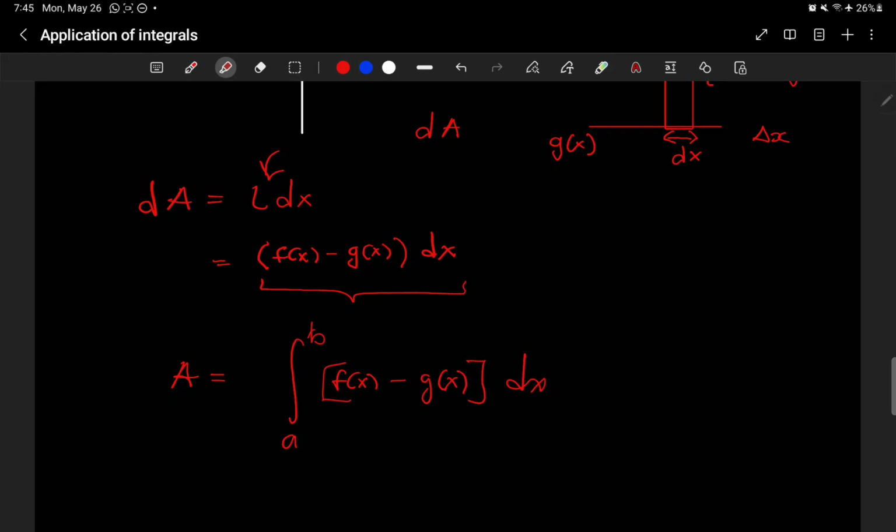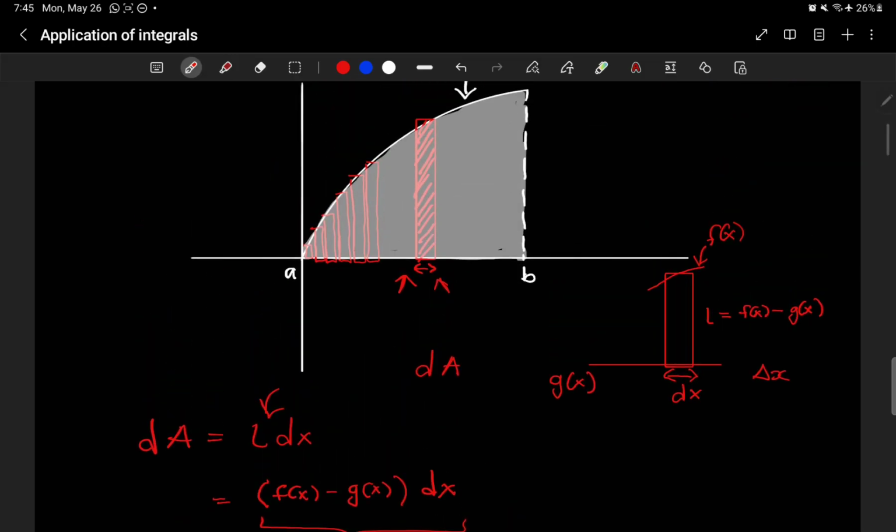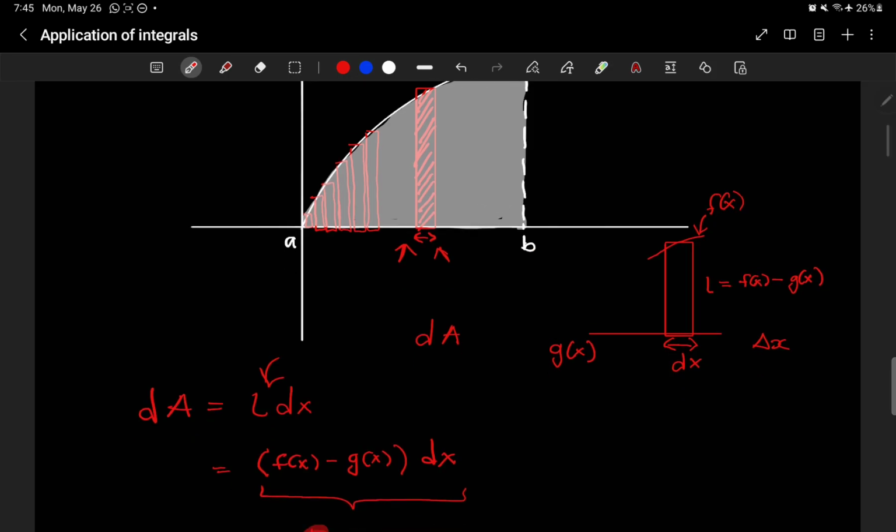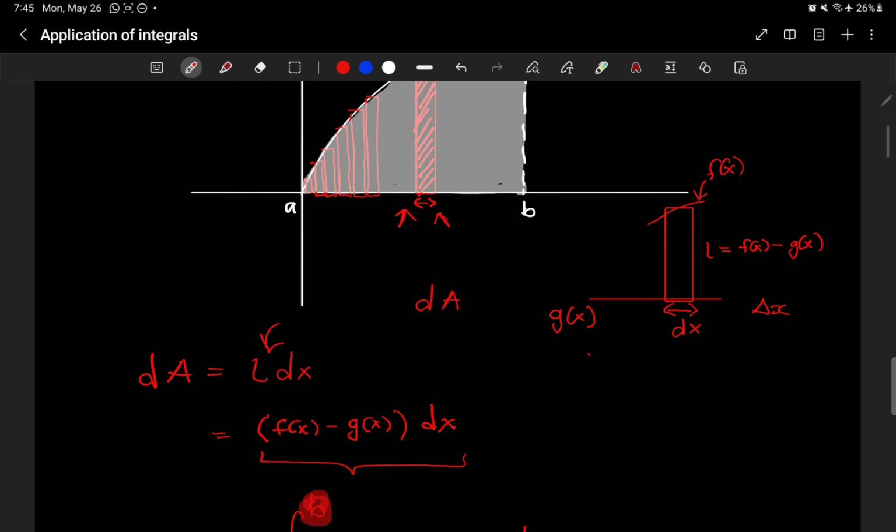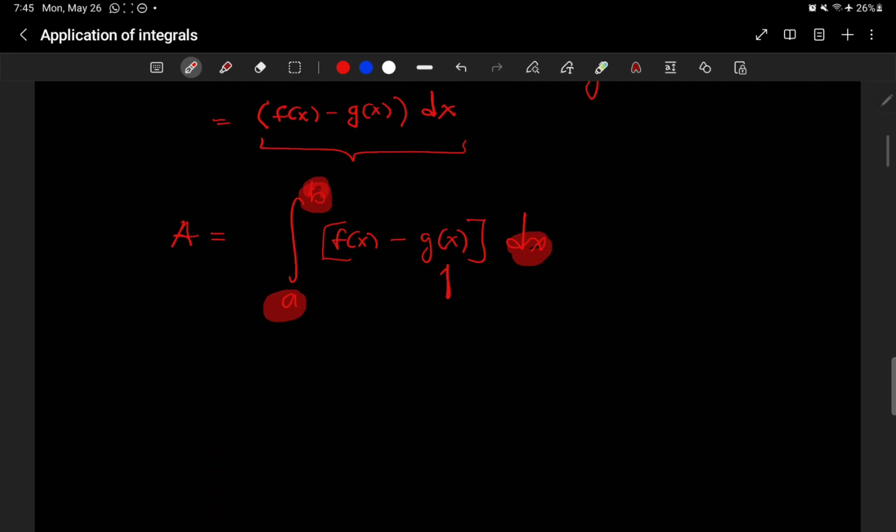Since we have dx, the limits of integration are the smallest value of x and the largest value of x. In our case, we're generalizing: the smallest value of x is a, and the largest is b. The lower boundary, g of x, is the line y equals 0. So we put a 0 there, and this becomes the integral from a to b of f of x minus 0, dx. So this is how it would go.